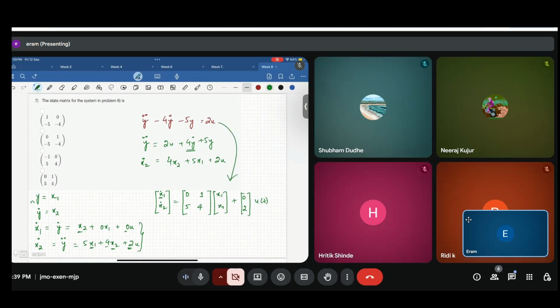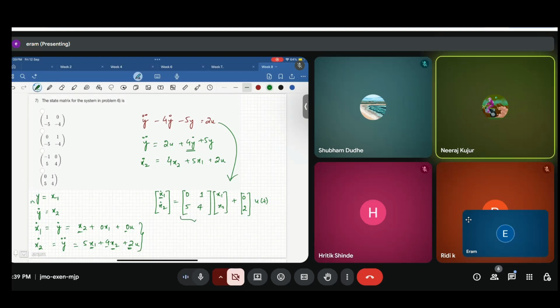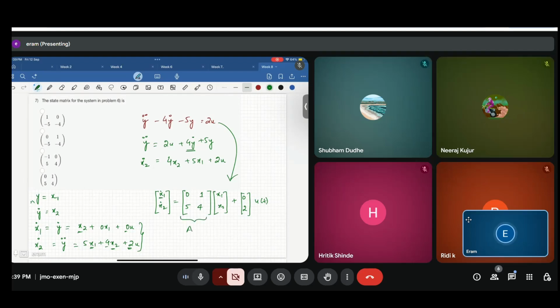Now which matrix is called the state matrix? The square matrix. This matrix is called A in general, and this is the matrix B. This is the standard representation, and so the answer is 0, 1, 5, 4.